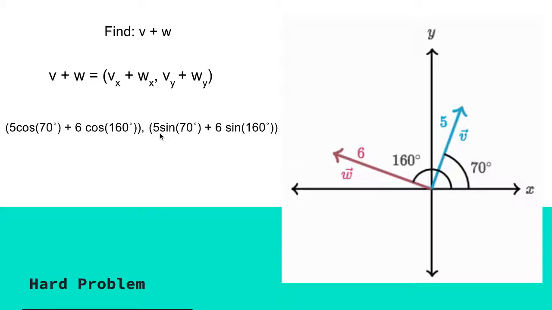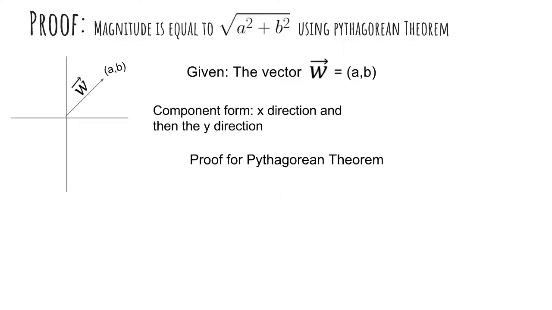So 5 sine 70 degrees plus 6 sine 160 degrees, and you can just plug that into your calculator, and you'll get v plus w equals -3.93, 6.75. And that's that for that one.